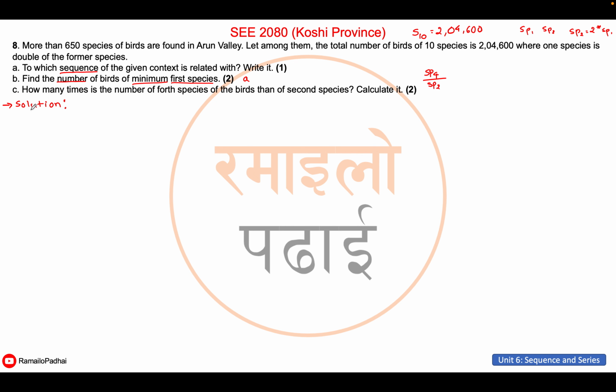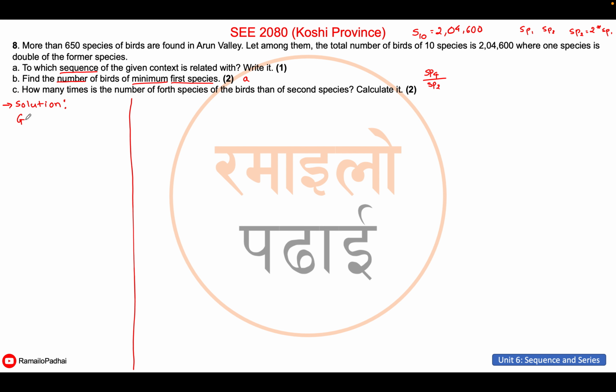First of all, we will write what is given to us. Here the information in the first sentence is not that required, just let it go. Now we will write what is given to us in the second sentence. So let among them total number of birds of 10 species is 2,04,600.